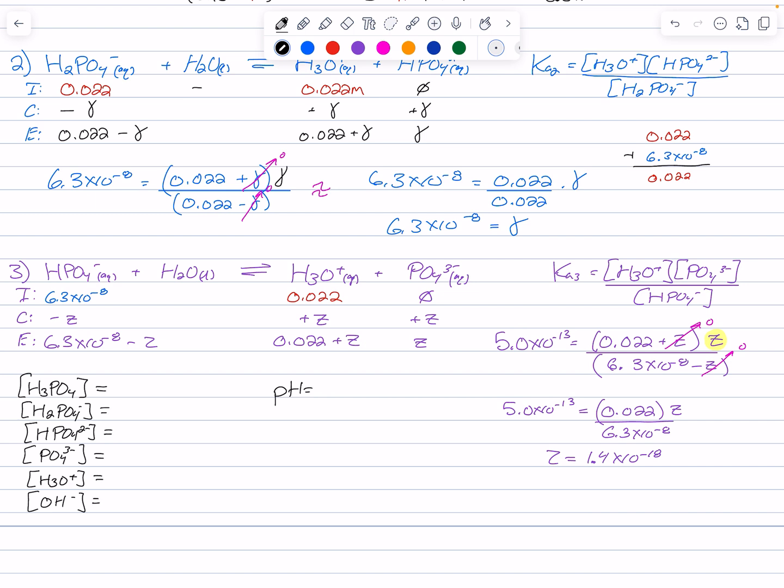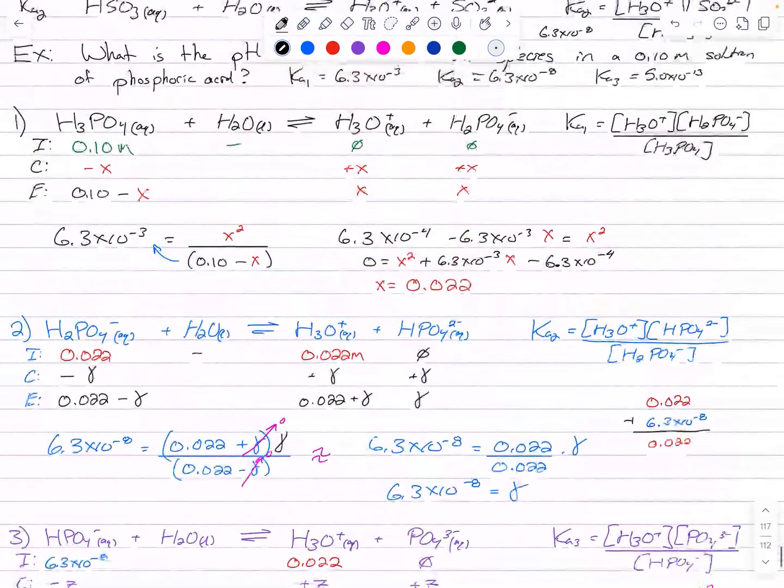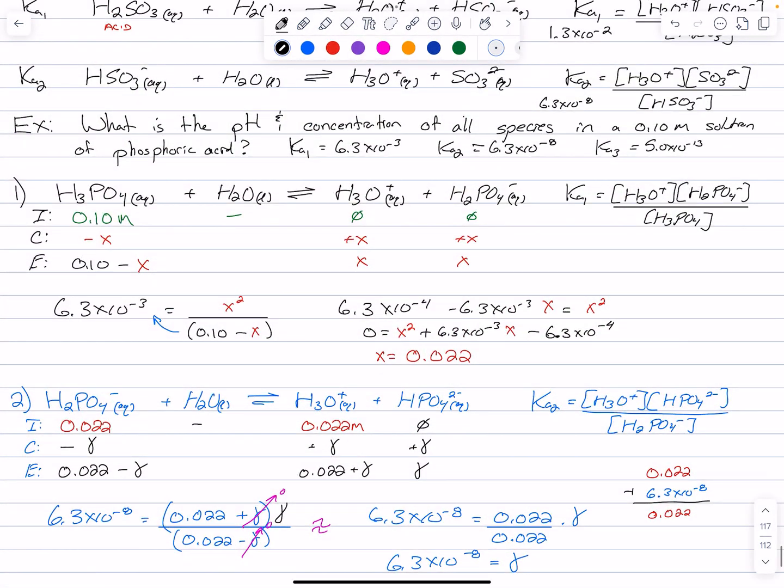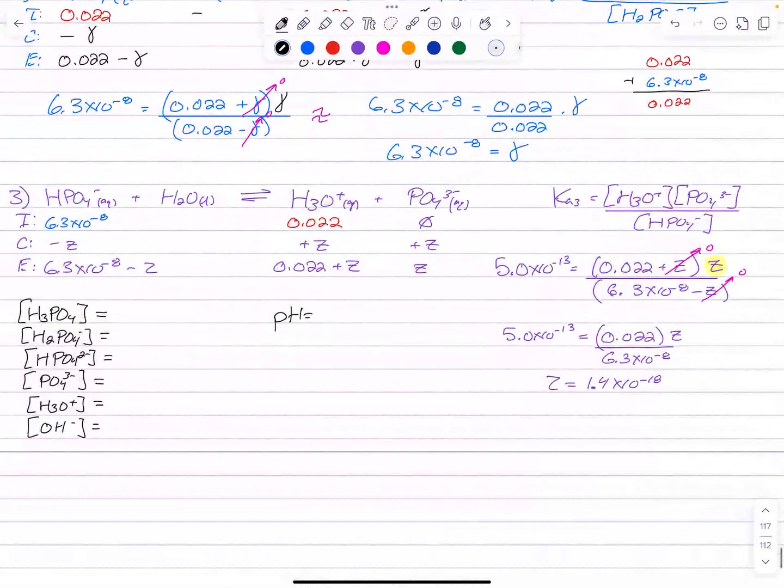All right, so if we look at the first one, phosphoric acid, was 0.1 minus X. So if I write that out, 0.10 minus X, well, X is, so let's write these out. X is 0.022. Blue was gamma. Gamma is 6.3 times 10 to the minus 8. And Z was 1.4 times 10 to the negative 18.